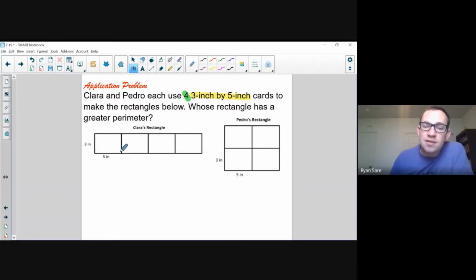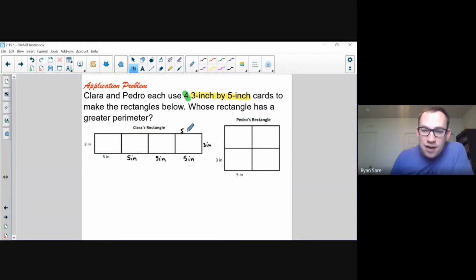The long sides of these note cards are 5 inches. So I'm going to go ahead and fill in these unknowns, because they didn't give me the full length here. They just gave me each note card's length. 5 inches, 5 inches, 5 inches. This one is a short side, so it's 3 inches.